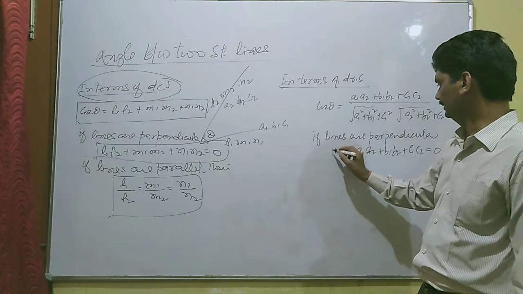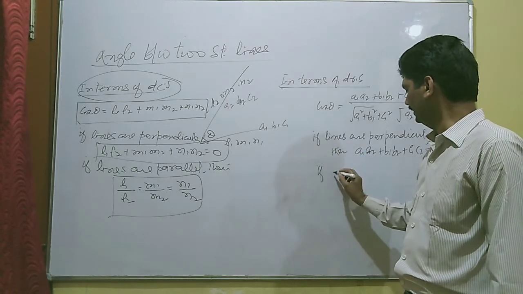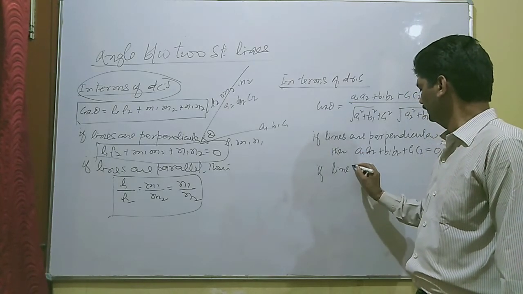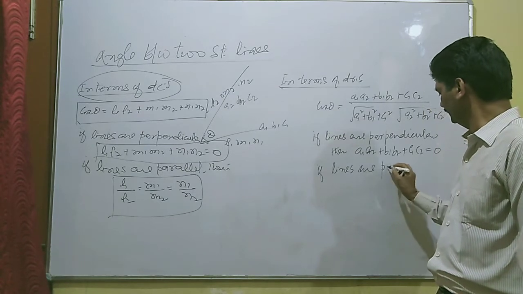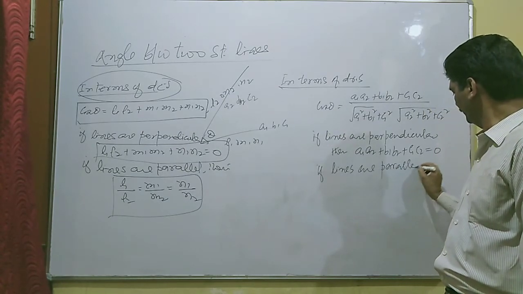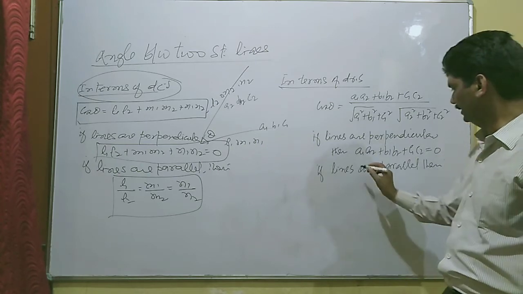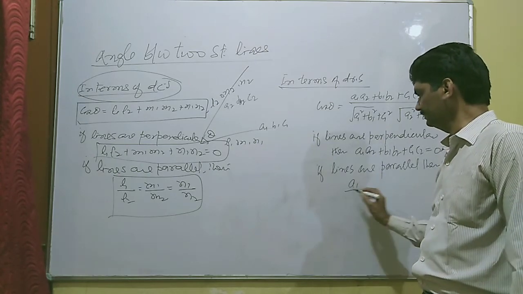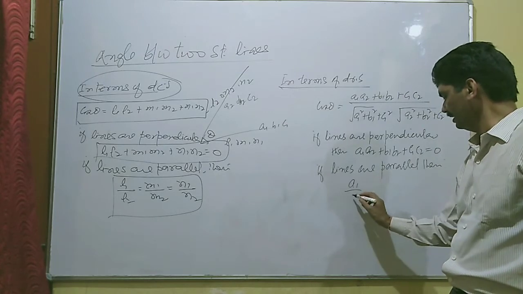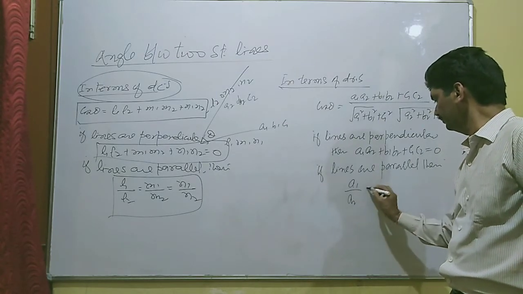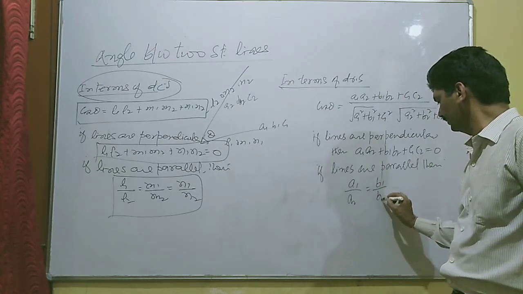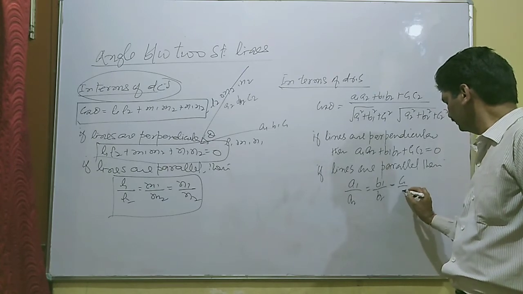And if the lines are parallel, then the condition of parallelism is the same as in terms of DCs: a1 upon a2 equal to b1 upon b2 equal to c1 upon c2.